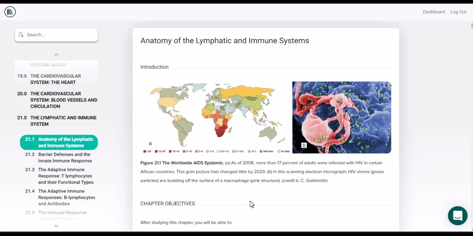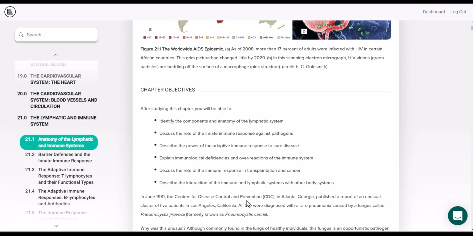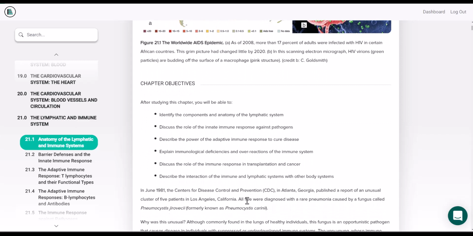You may think of this as being the immune system, and you're not wrong. The lymphatic system is a subset of the immune system. The immune system is the totality of everything that prevents you from getting infection.